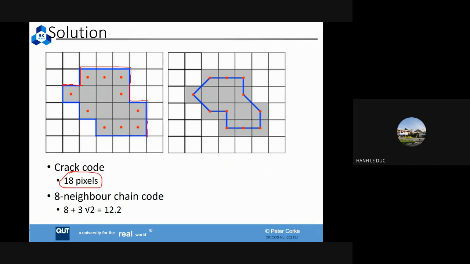But if you calculate by the Euclidean formula, from here to here, this is more precise, right? After you calculate, you will have this one. OpenCV will use this method.